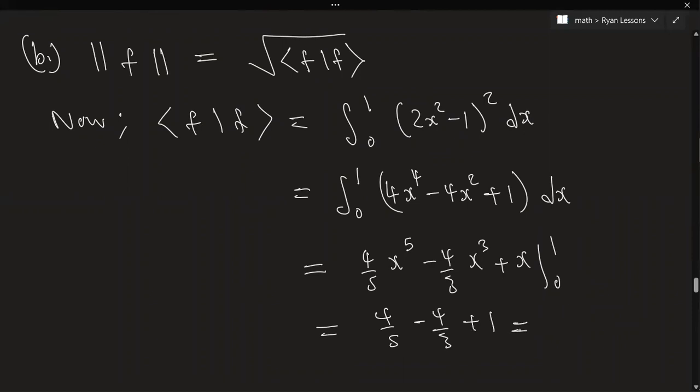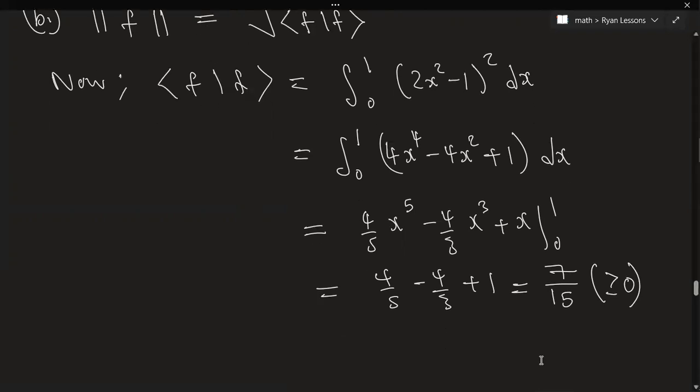If you have a calculator, you can work it out faster, because I don't see any short way of doing it. In my calculator, it's 7/15. So we see this is what we expect. So that's the norm.